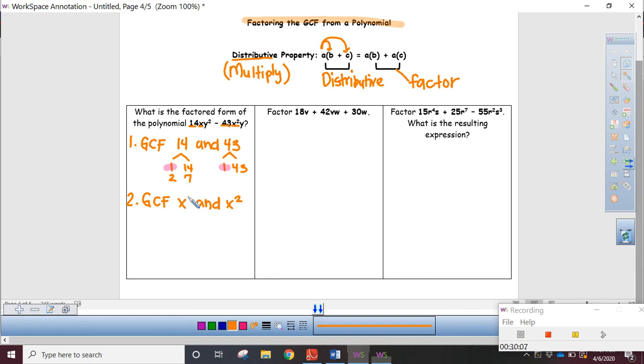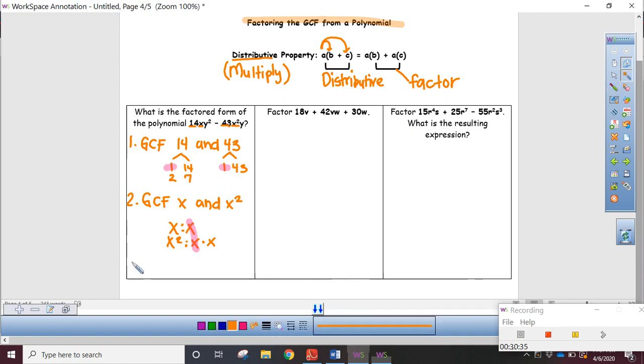We have that imaginary 1 that we don't necessarily write, but we know there is one x there. So x is the same thing as 1x. Now x squared gives me 2 x's, so x times x. Remember, we're looking to see what these two have in common. The only thing they have in common is 1x, and so the GCF is just an x.